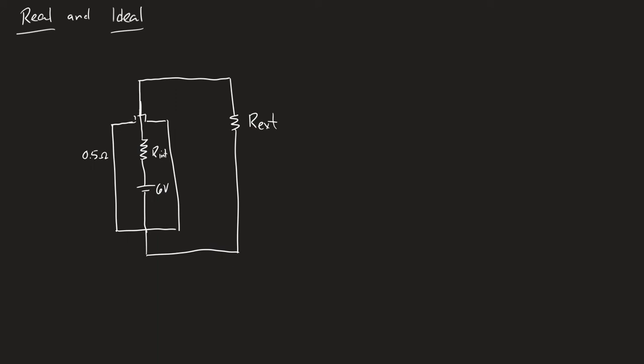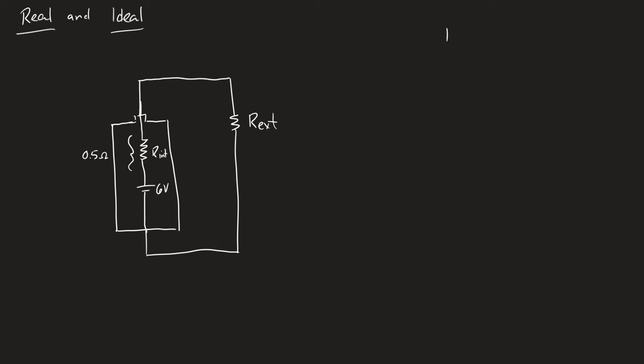Our meters are actually measuring the voltage of the internal resistance. So when you connect your terminals to the battery and you're measuring across the terminals of the battery, you're measuring the voltage drop across this resistor. That's what you're measuring.